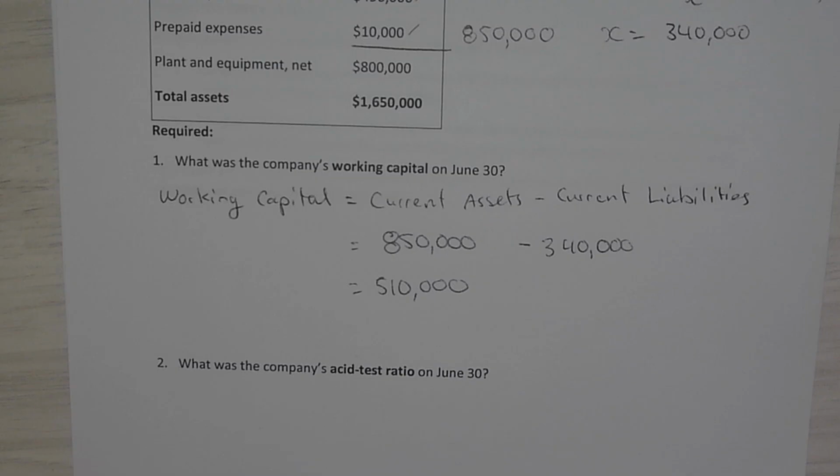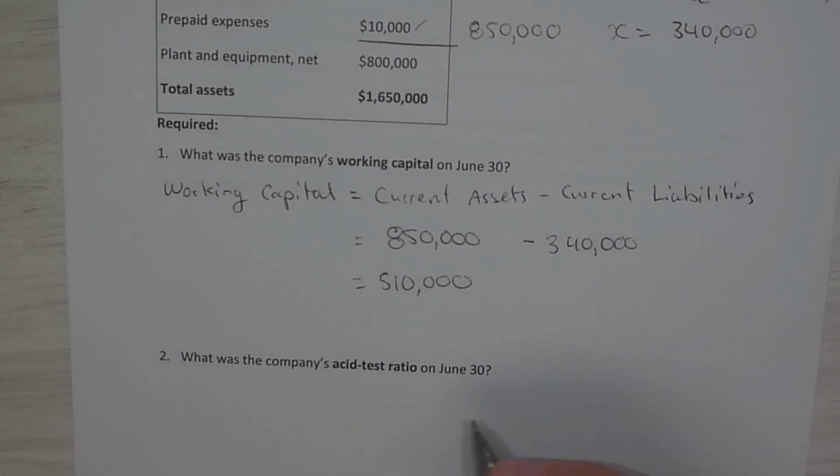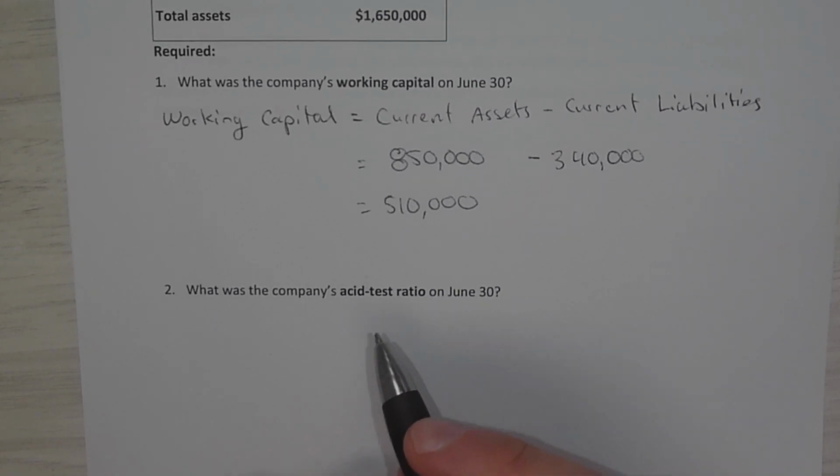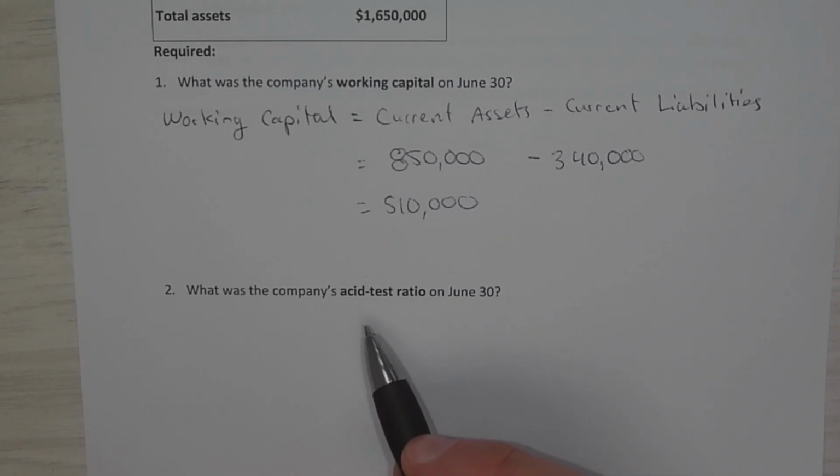Now the next thing we're going to do is our acid test. The acid test is similar to our current ratio, but it's just a little more extreme. It only includes cash, AR, and other extremely liquid assets. So not inventory and not prepaid expenses.